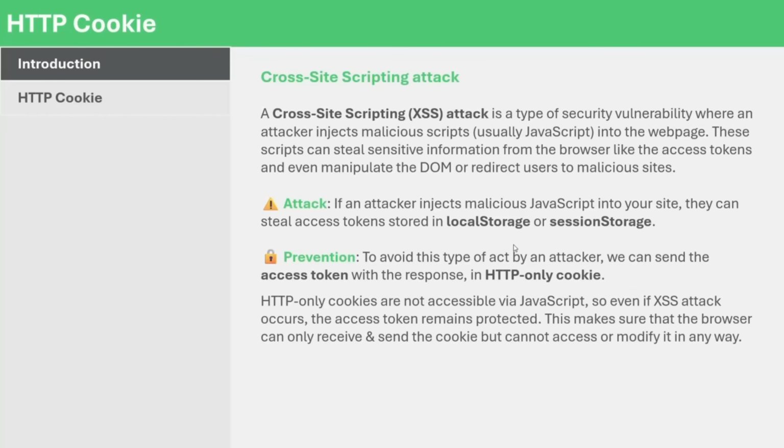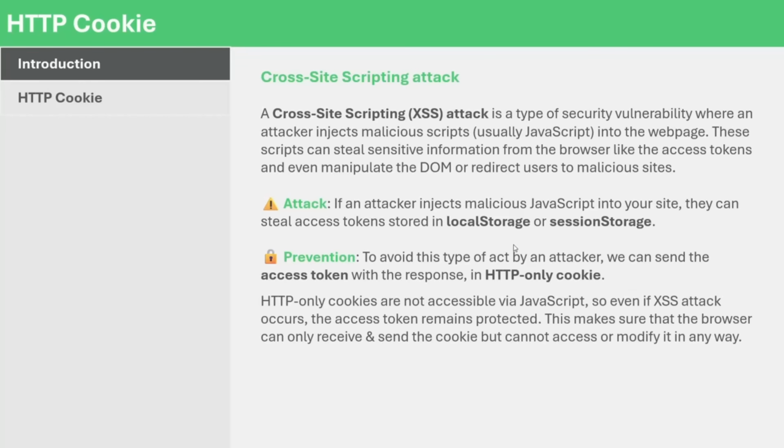This makes sure that the browser can only receive and send the cookie, but it cannot access or modify that cookie in any way. Now, a cookie is a small piece of text a server can send to the client, and when the client receives that cookie, the client will automatically store it and automatically send it with all future requests which we make from the client to the same server.